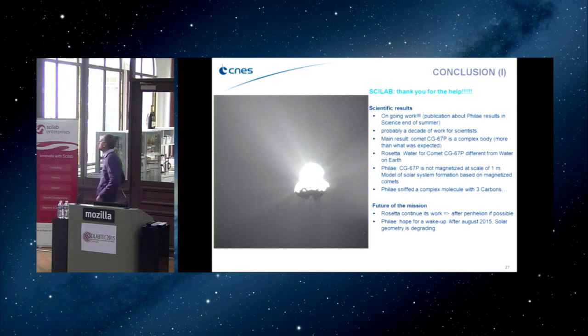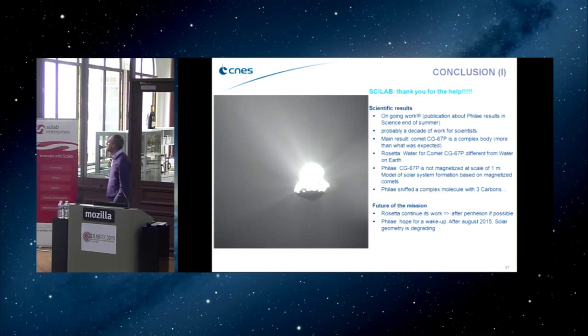An important result was about the water. During the formation of the solar system and Earth, at the first stage, Earth doesn't have water, and water was in the outer part of the solar system, and we suppose that comets crashing on the Earth bring water and elementary bricks for the chemistry of life.